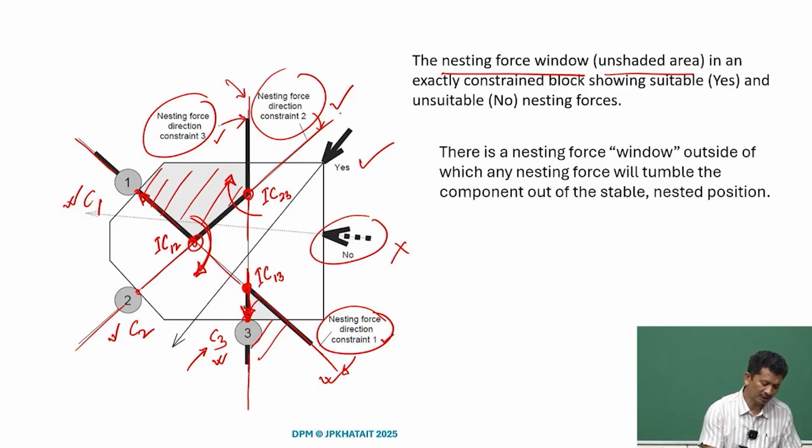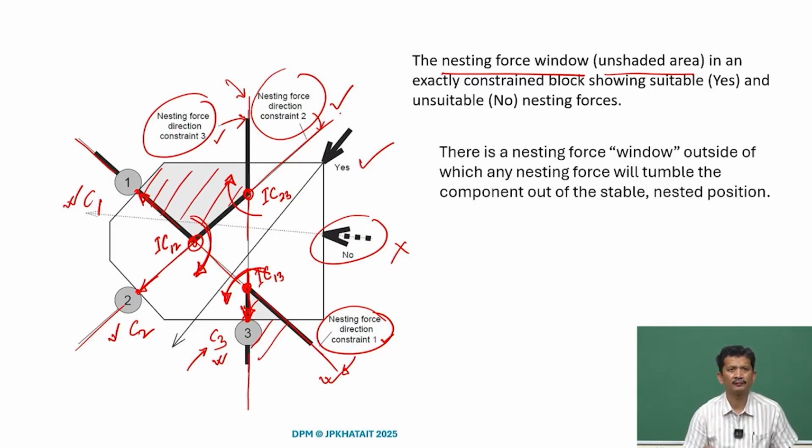So, in order to make contact with C2, what will be the moment required? The moment required will be along this direction, which is now counterclockwise.